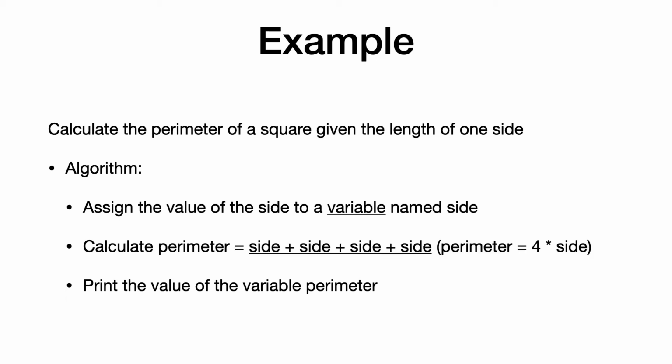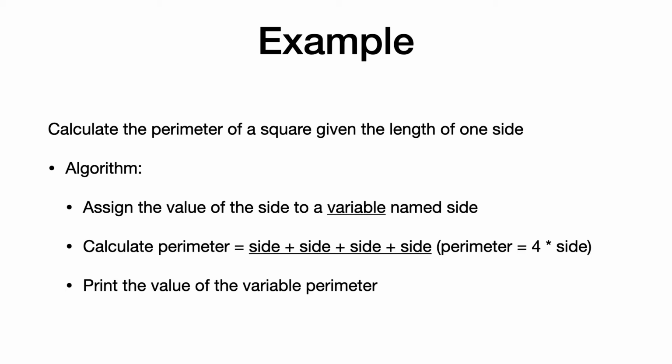So let's see a slight variation of the previous algorithm. In this case, all the steps are the same. It is just that we are now using a different formula to calculate the perimeter, which is equivalent, obviously, but it is not exactly the same formula.